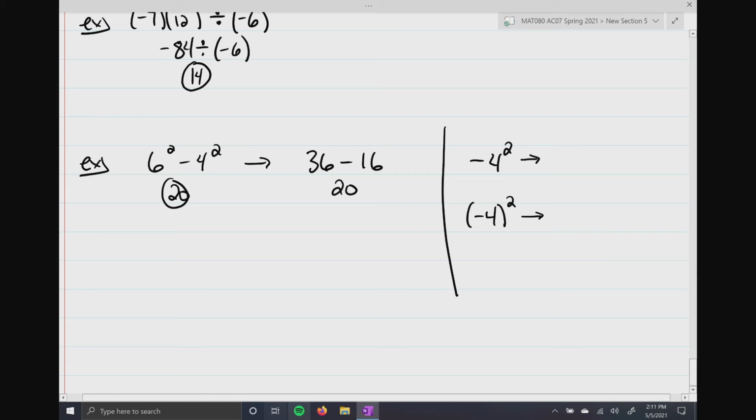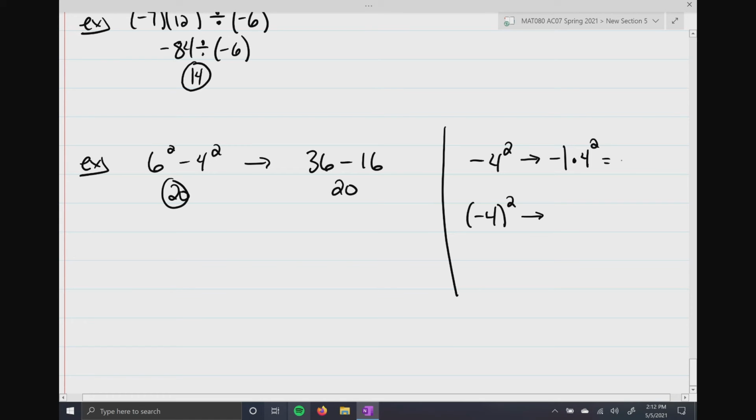There's a difference there. So here's the difference. That first one is really -1 times 4 to the second power. And remember, if that's the situation, the only thing that is being raised to the second power is the 4, not the negative symbol.